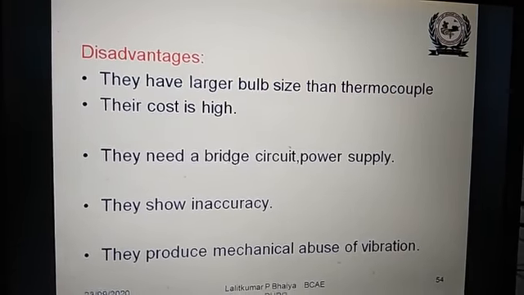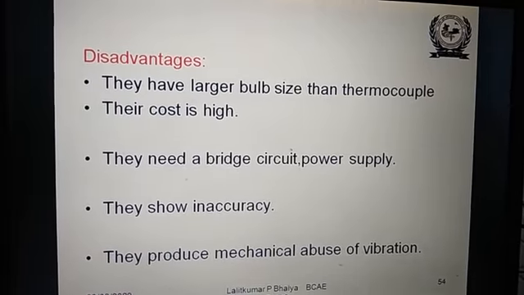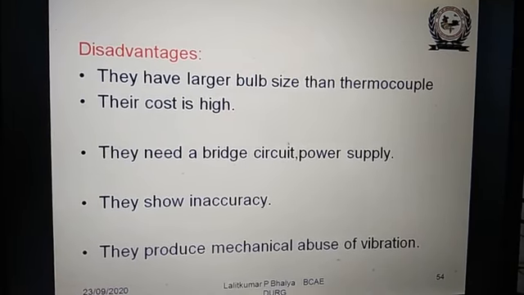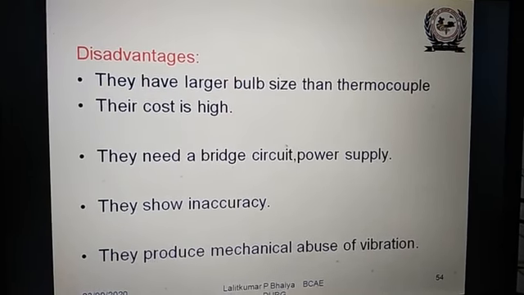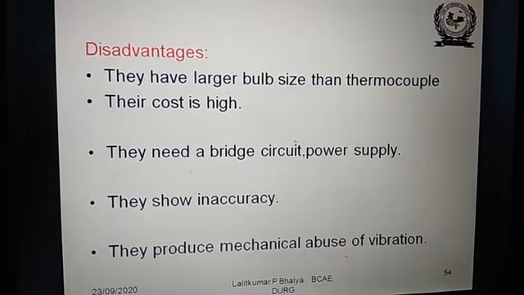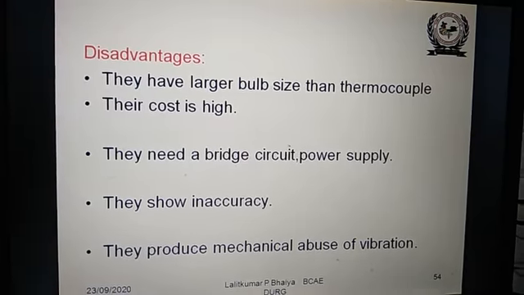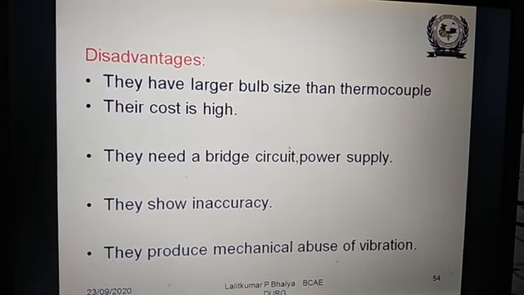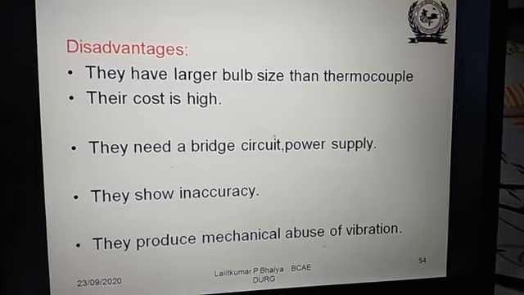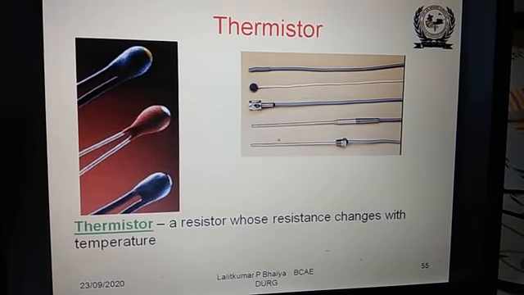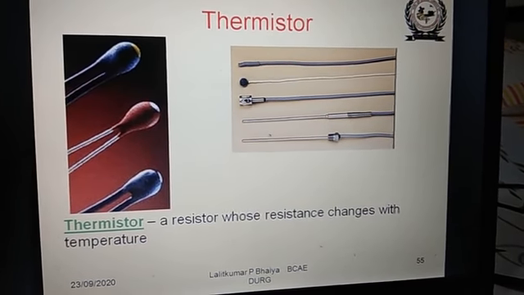It also requires the power supply, that is also important. They show inaccuracy. Sometimes it is possible that inaccurate results may be obtained. They are subject to mechanical abuse and vibration. This is also important because of vibration. Sometimes it is not possible to measure the temperature in a perfect way.